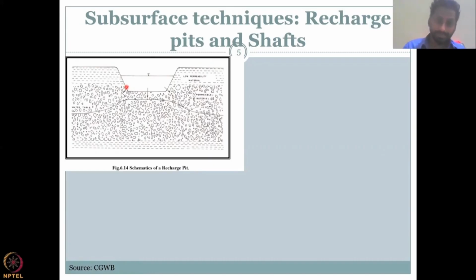You could see, and this is common also in most of these artificial recharge methods, that there is a water table, and the water table is rising where your recharge is happening. It is not a straight line rise.